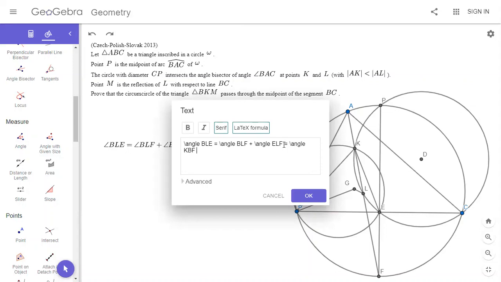Wait, is that right? No, angle ELF is angle CKL. Is there a better way?